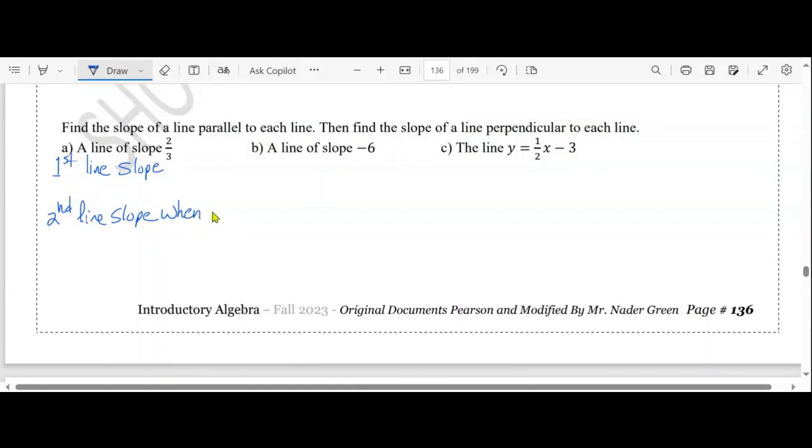Okay, and you find the second line slope when it is perpendicular.